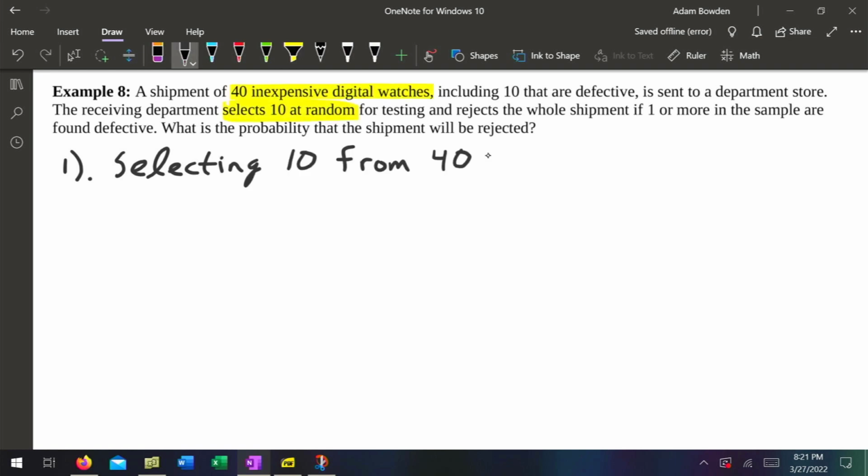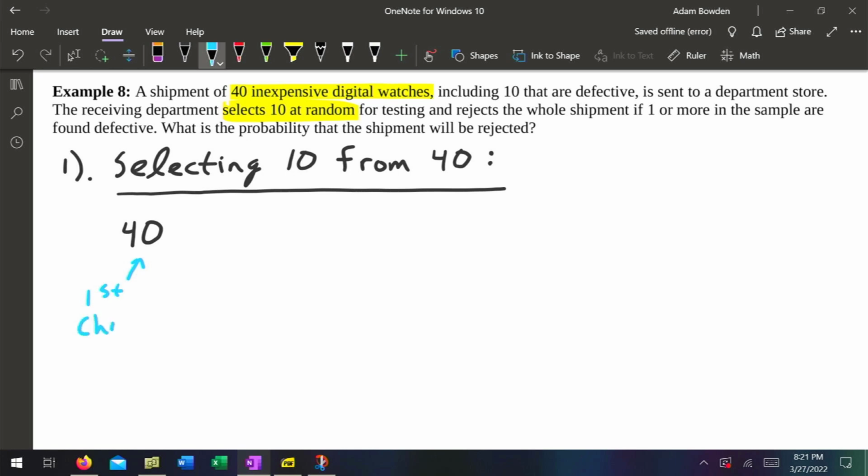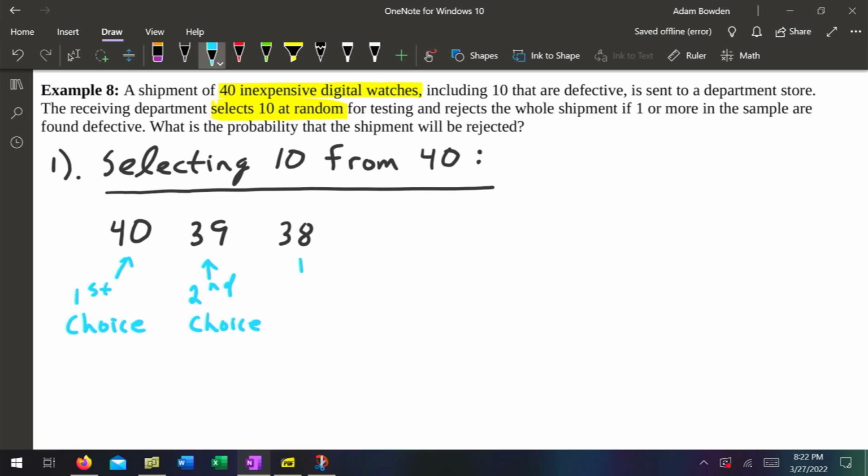Okay, and so the number of ways we can do that is, we start off with 40 watches. That's going to be the first selection, or first choice that's being made. And then for the next step, we have one less watch to choose from since one has already been chosen. So there's only going to be 39 choices for the second pick. And then there will be 38 for the third choice in the selection, since there's now one less.